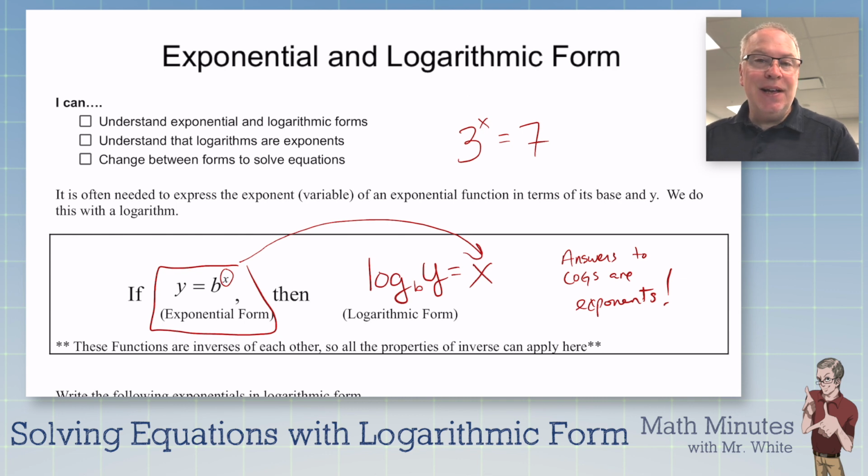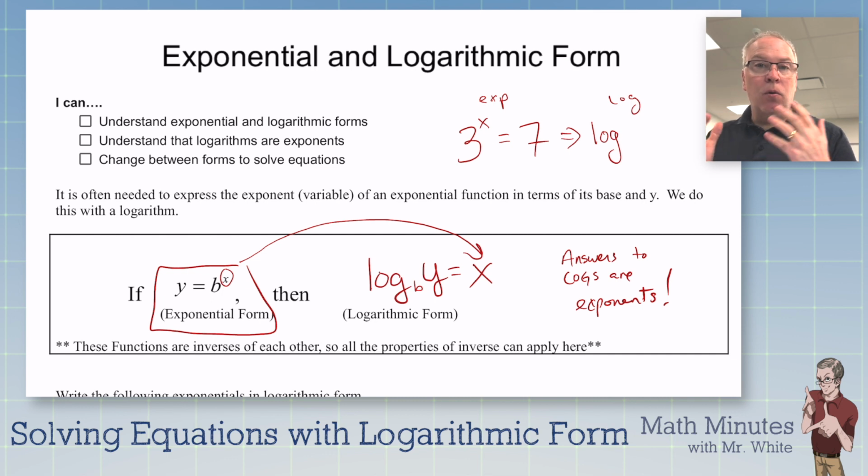So let's use that same technique for my example that I wrote on the top. If I'm going to convert this to log form, this is exponential form to begin with. First thing I do is I write log. Then I think, okay, the base is the base, so the base is 3. And then answers to logs are exponents, so I put an x here.